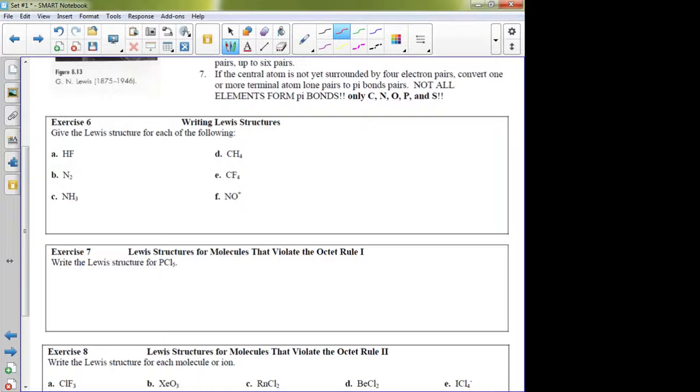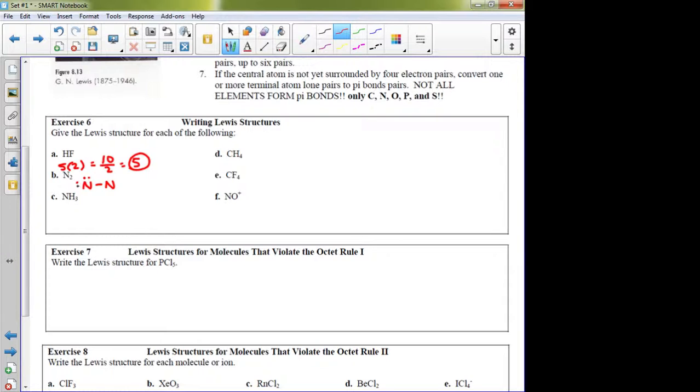All right, B is nitrogen, N2. How many valence electrons does nitrogen have? 5. And since there's 2 of them, I have to multiply it by 2. 5 times 2 is 10. Divided by 2 is 5. So that means I should have 5 pairs of electrons in this drawing. Okay. So we start off by giving nitrogen to nitrogen a single bond.